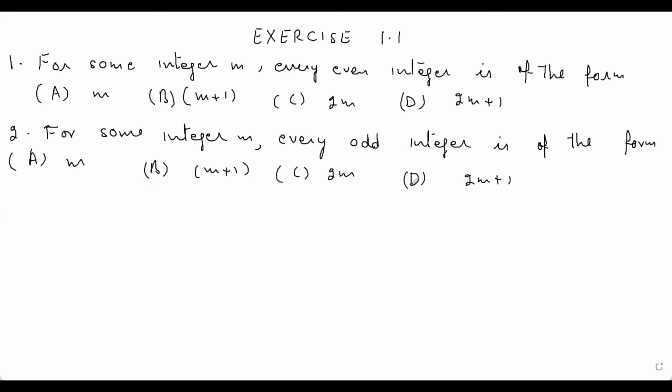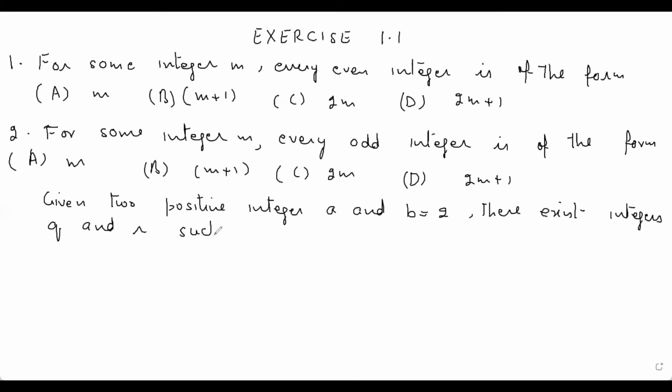I'm going to discuss answers of these 2 sums. Here I am going to write Euclid division lemma. Given 2 positive integers a and b, here b is equal to 2, there exist integers q and r such that a is equal to 2q plus r, where r lies between 0 and 2.